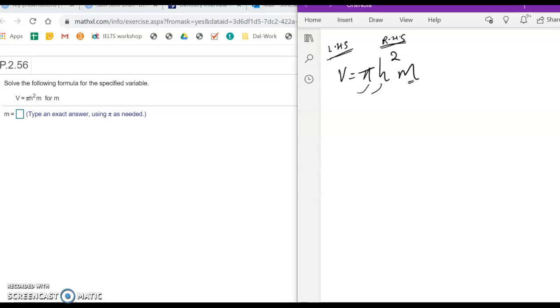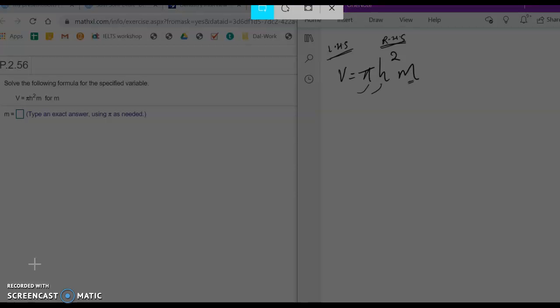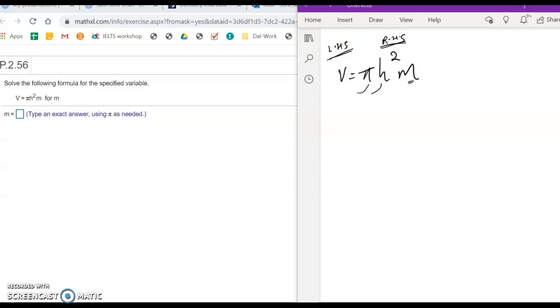So let's see. The first step I'm going to do is see how I can get rid of this pi. So V equals pi h square m. I just wrote the same statement again. But now what I'm going to do is divide the left side by pi and divide the right side by pi. What does this step mean?